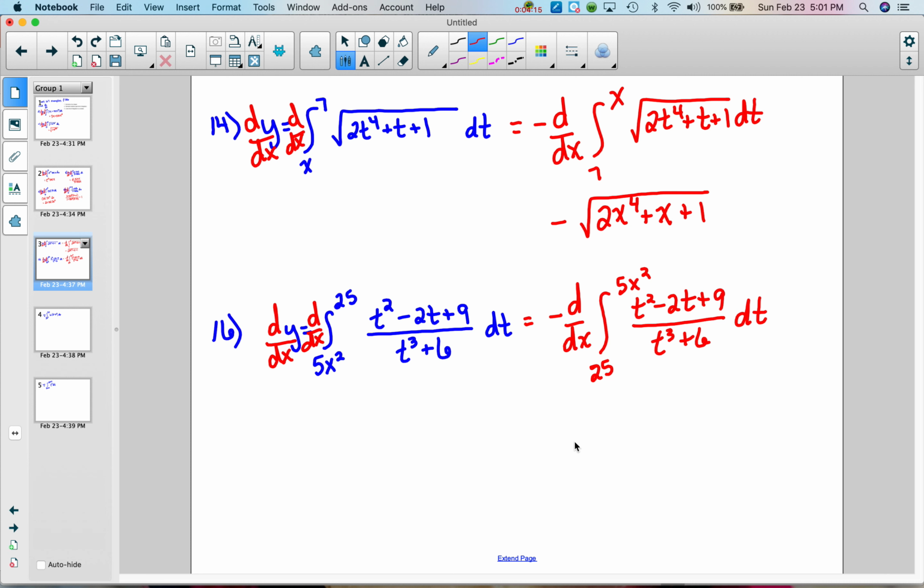So I am going to involve the chain rule. So I am going to have a negative, and I'm just going to put that out front. And then we're going to plug in a 5x squared.